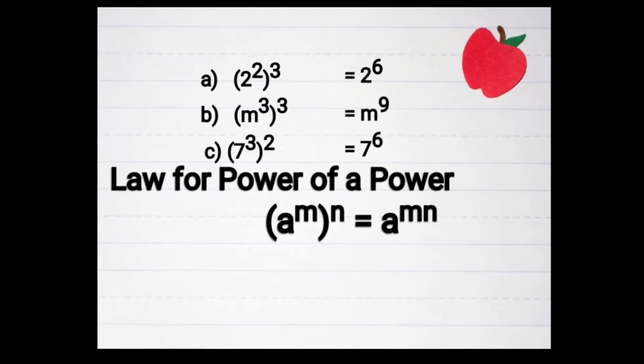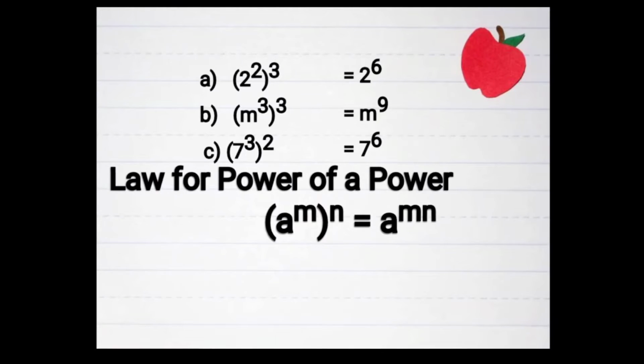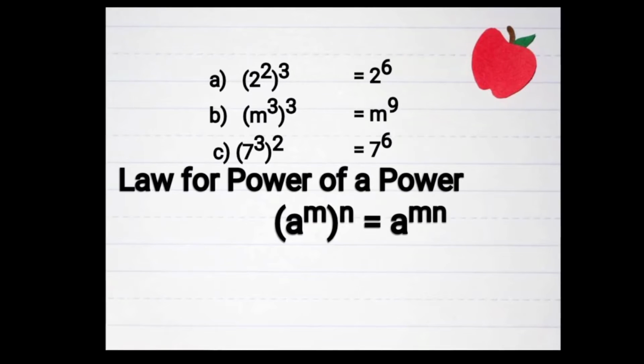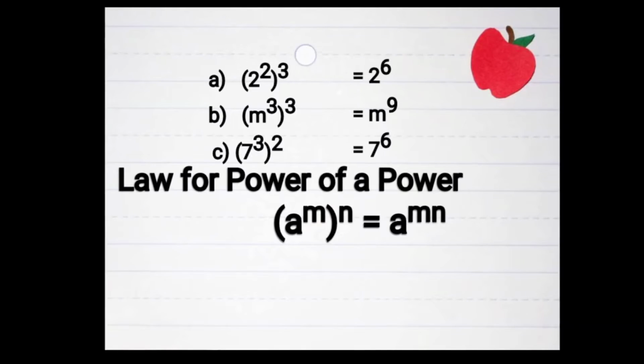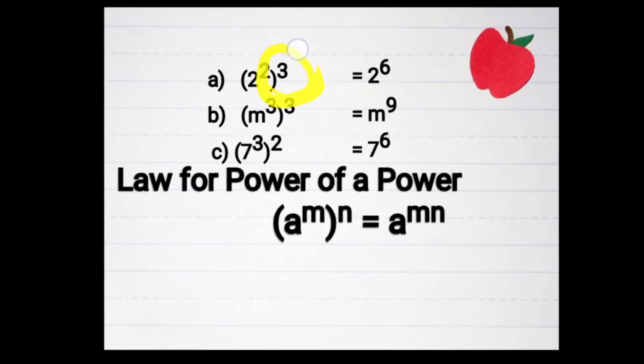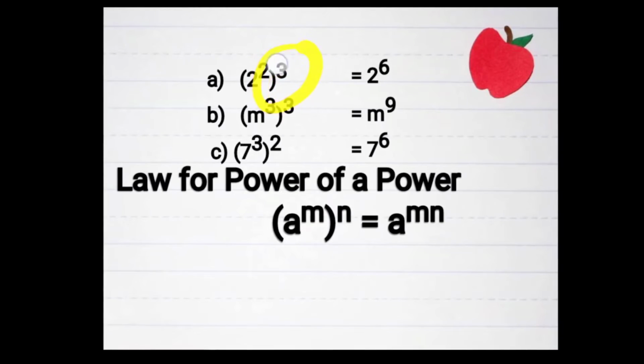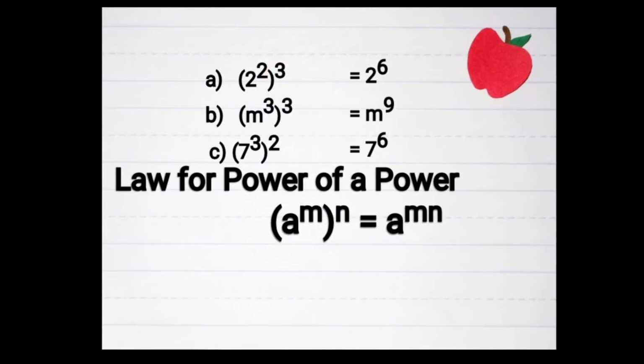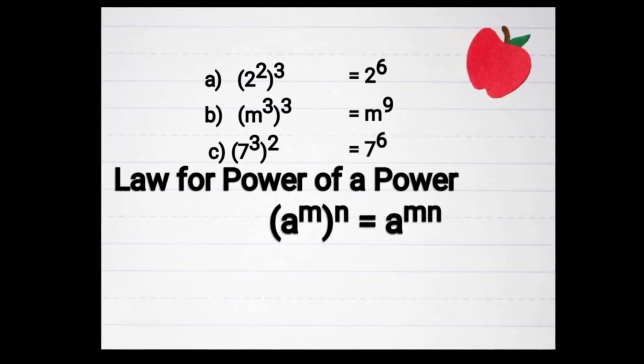So every exponent inside the parentheses should be multiplied by the outside exponent. As you can see, we have here 3 as the outside exponent or the power outside the parentheses. You have to multiply it to the exponent inside the parentheses.